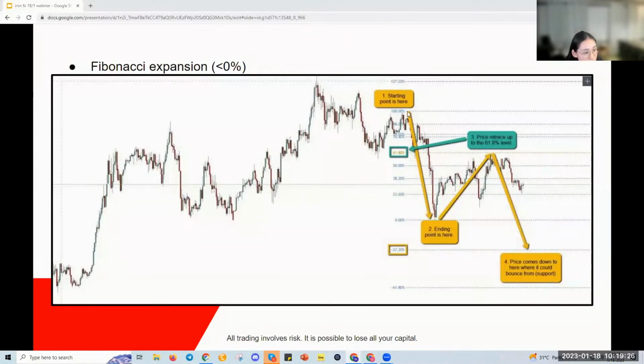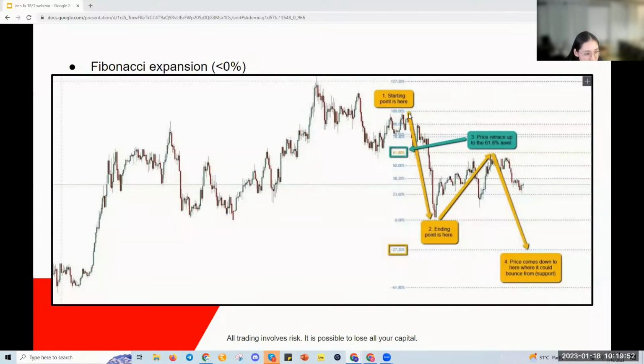So our starting point is here, ending point is here. So for expansion, you want to look for a flash zigzag, which you can see over here from the arrows. It's like a flash kind of symbol or a lightning bolt. So you want to look out for these when you identify Fibonacci expansions.